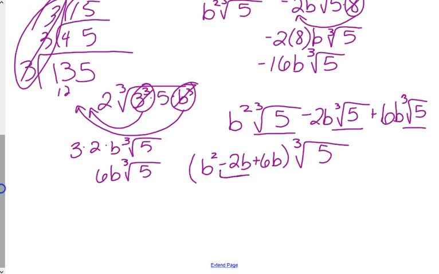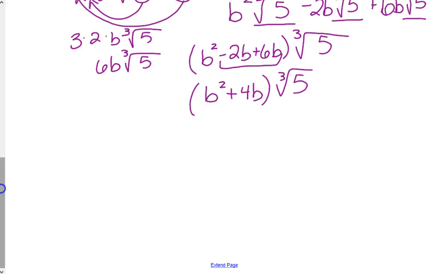But we do have negative 2b and positive 6b, so we're going to combine those. We're going to have b squared plus 4b, all of that times the cube root of 5. We could write this as two terms as well. So this is an acceptable answer, or we can split it back apart: b squared cube root of 5 plus 4b cube root of 5.